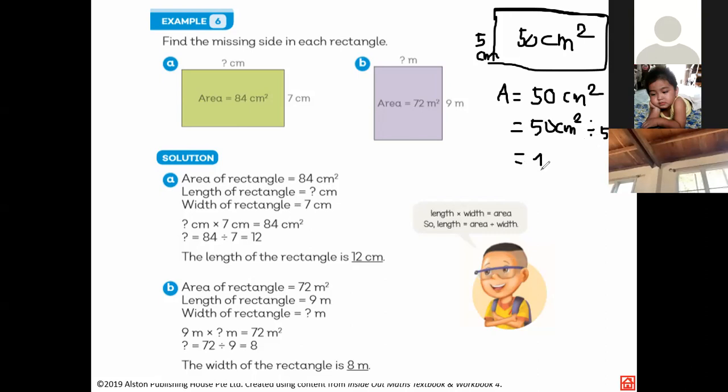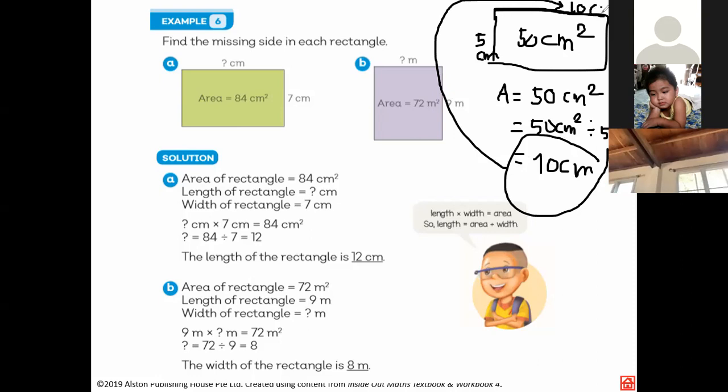So that is 10 centimeters. So the missing side here is 10. Do you understand? Yes, I do.